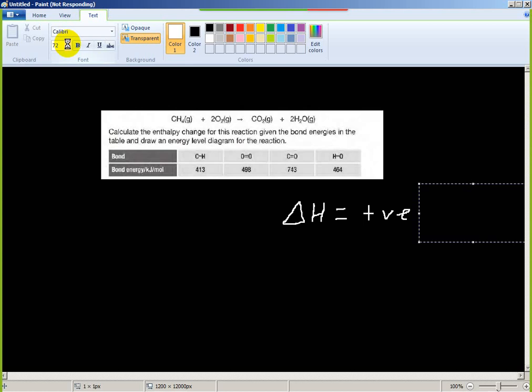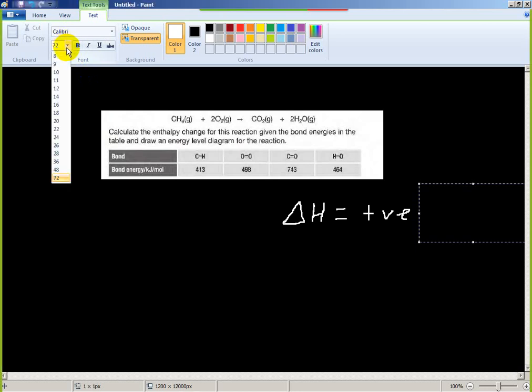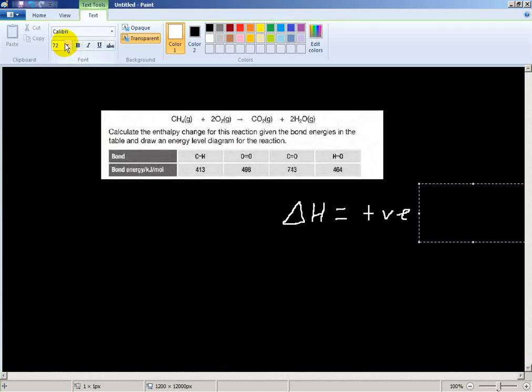Okay, have you understood what enthalpy change is? The change of energy during the reaction is called enthalpy change. It is expressed by delta H. If delta H is positive, the reaction is endothermic.